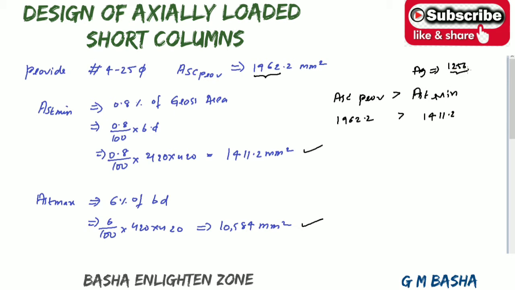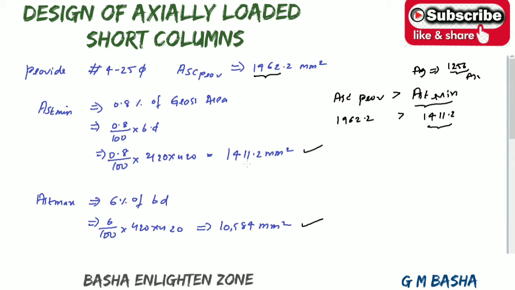At that time we have to provide the minimum area of steel, 1411.2, on that particular column. Even though the calculated value is lesser, we can limit it to the minimum and provide minimum steel on that column. But here it is in the safe limits only.